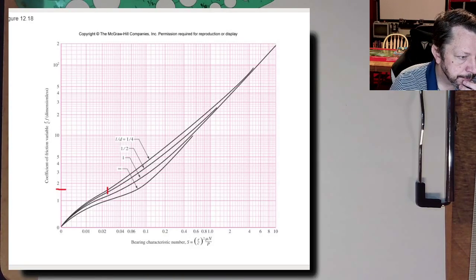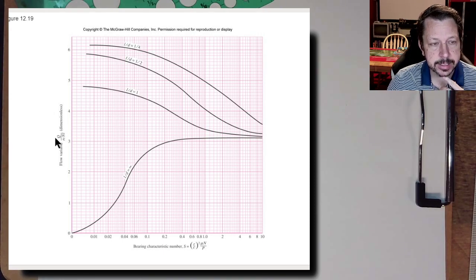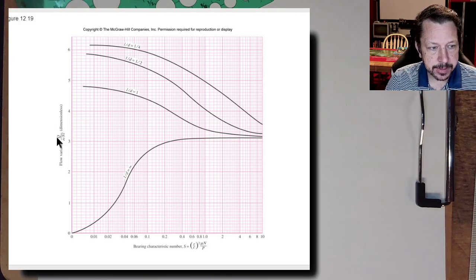There it is. Flow variable Q over RCNL. So Q, this flow rate is the flow of the fluid around the journal.